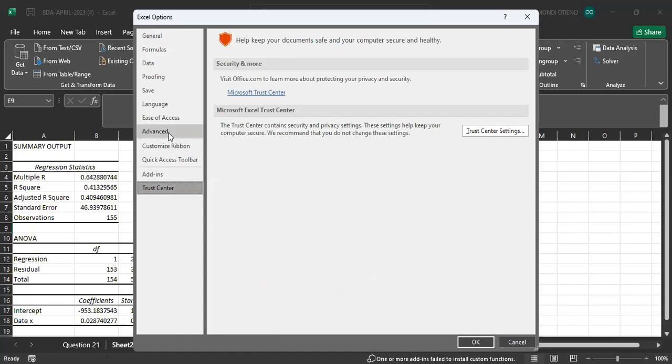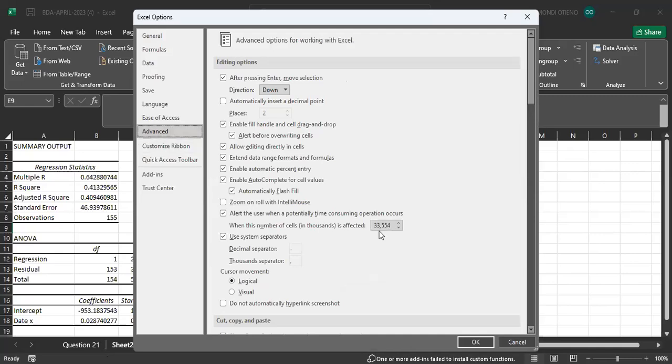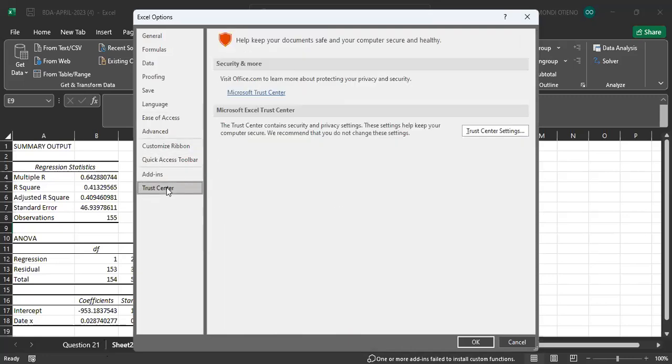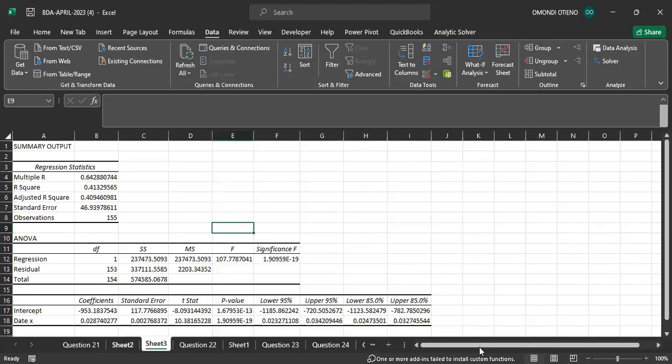Kumbe tuko wengi hatuna we. Na mmerevise regression kwa discussion group na mjai activate hiyo regression.